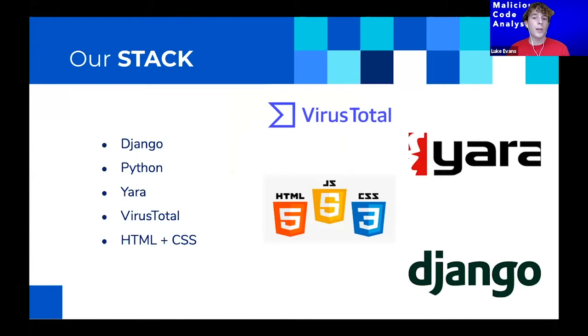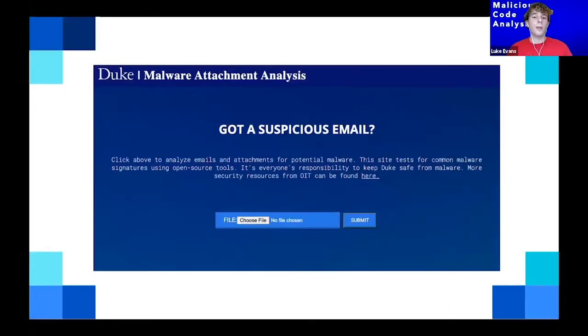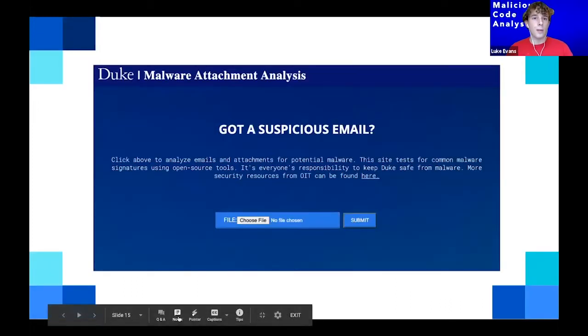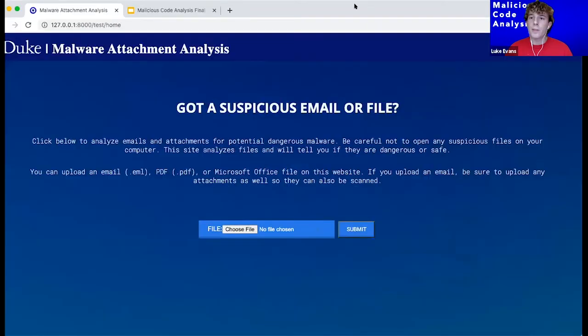And then we designed the front end with HTML and CSS, of course, using Adobe Dreamweaver. So now I'll demo the web app, and you guys can get a little bit more of a complete picture of what we've been doing.